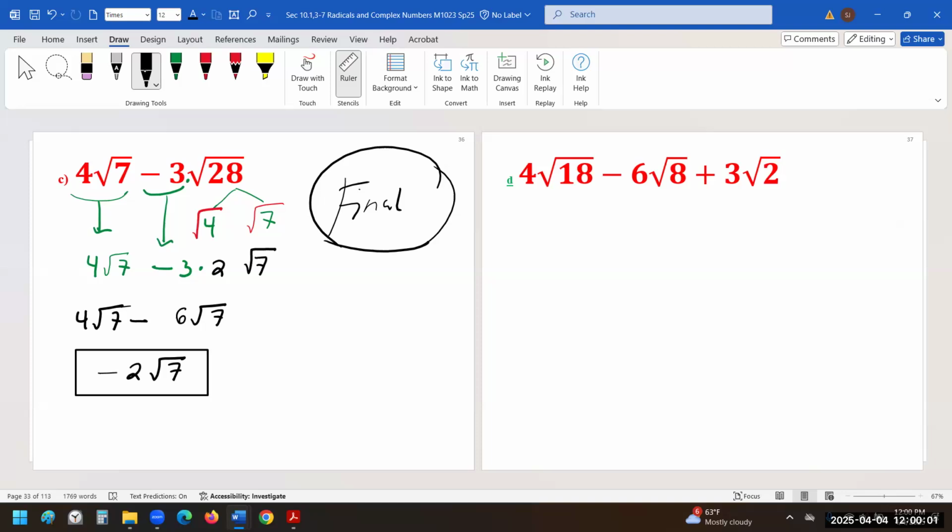You can have a conversation with your neighbors. We have 4 times square root of 18 minus 6 times square root of 8 plus 3 times square root of 2. At the first glance, all of them seem different.